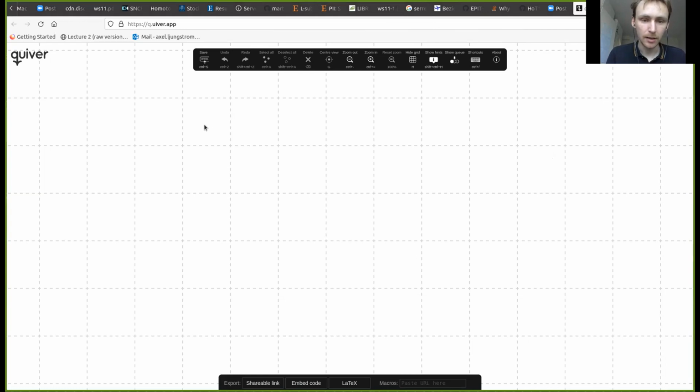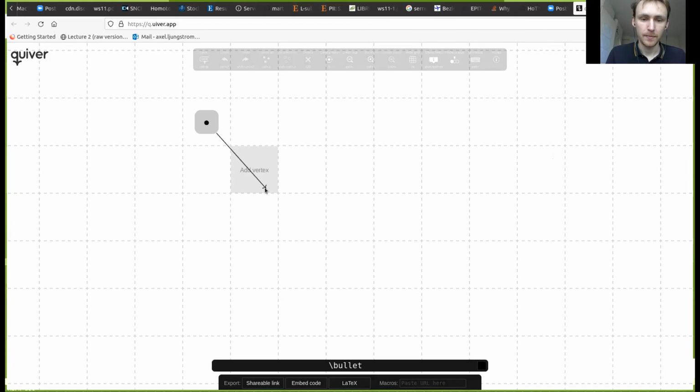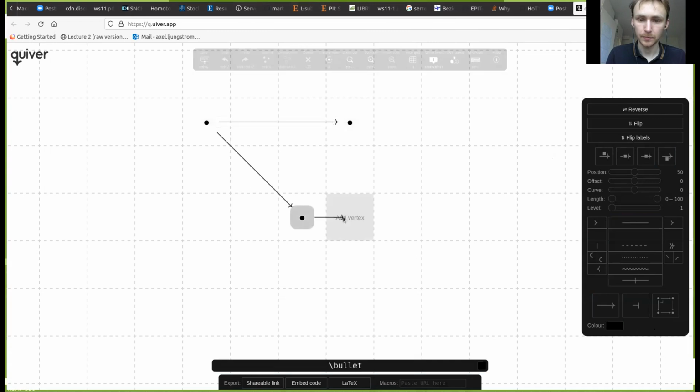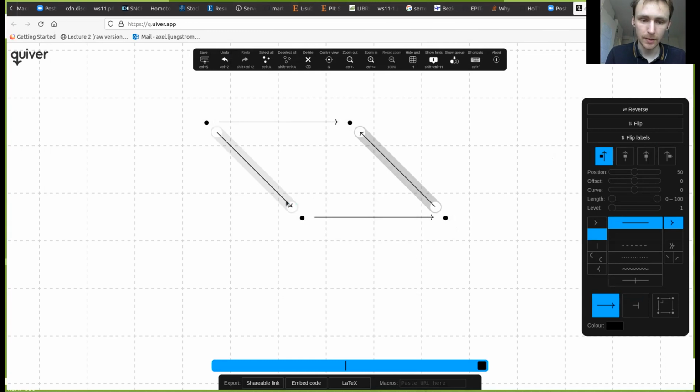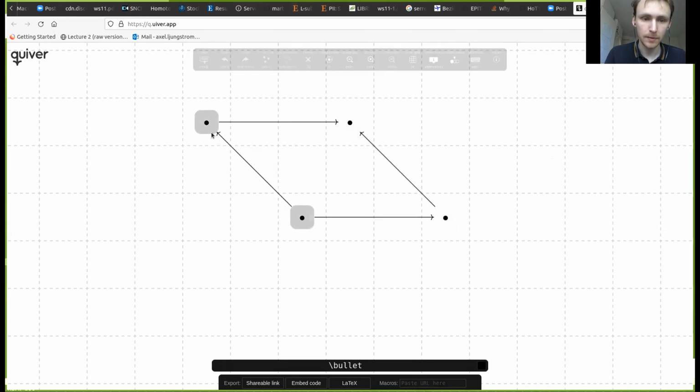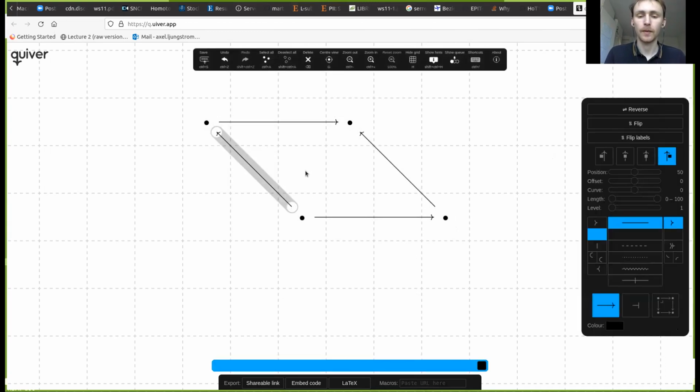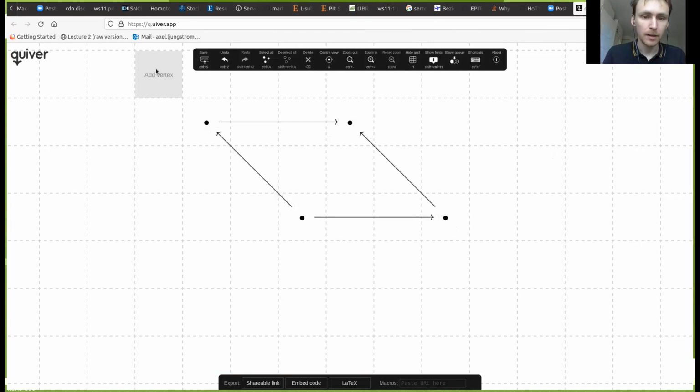Okay, let's actually draw what's going on here. So I'm going to make this the top cube. Sorry, this should go in the other direction. Okay, so the goal was to show that, so what do we have? Can I just add text in Quiver?